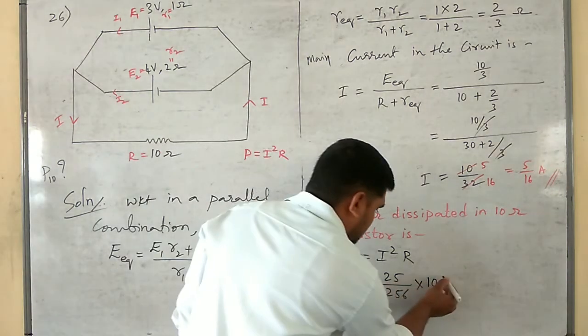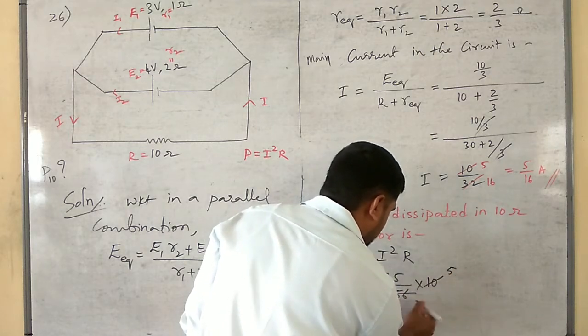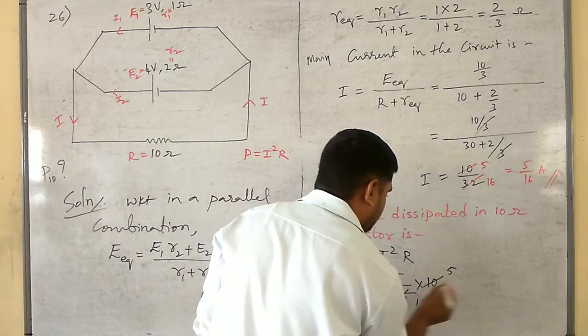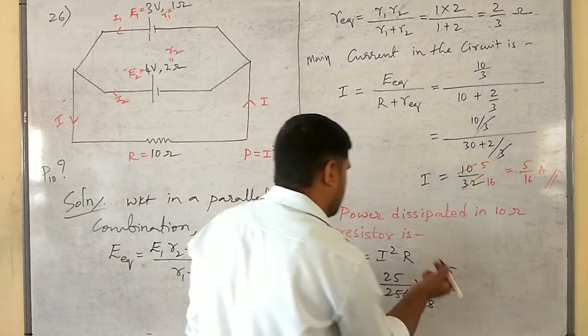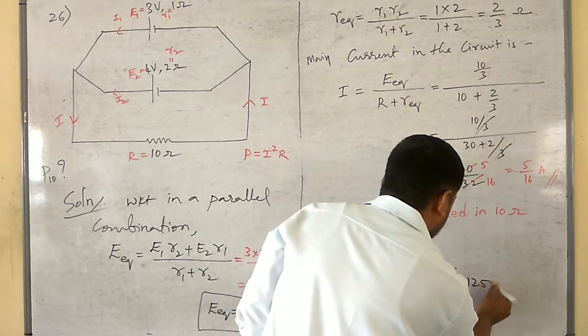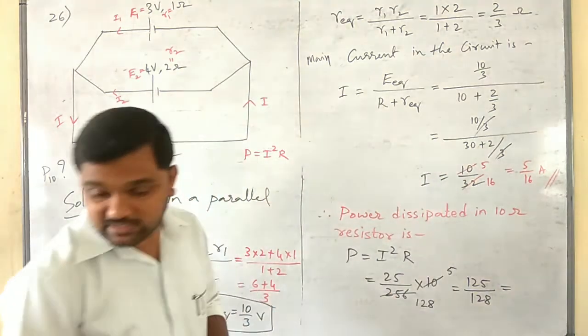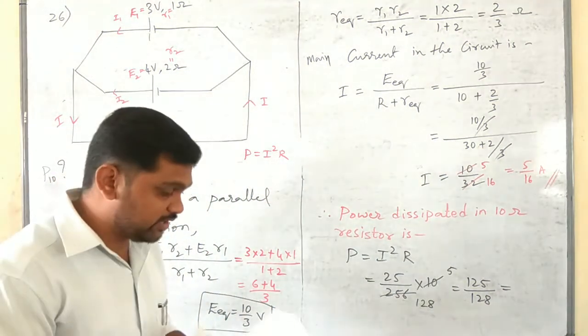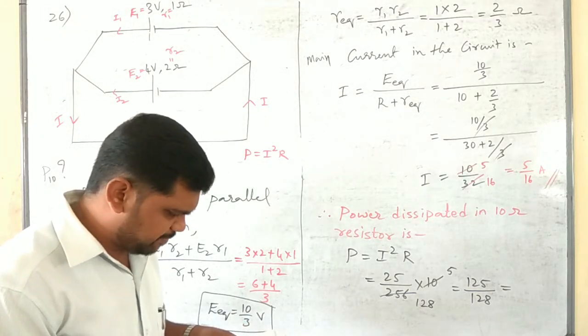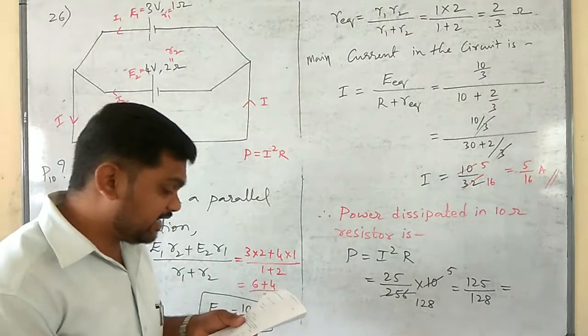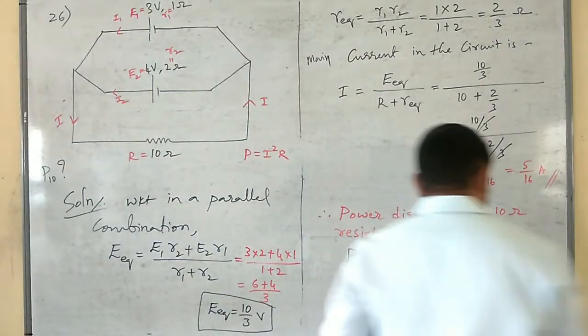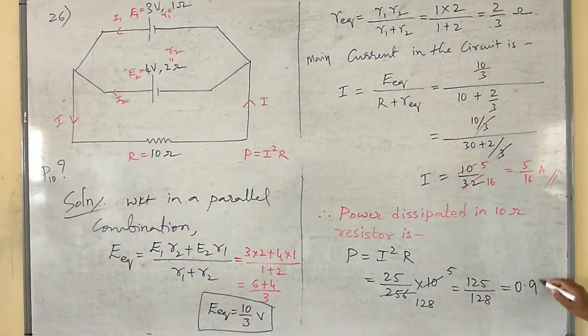Okay, next 2 5s are 10, 2 1s are 2, 2 2s are 4, 2 8s are 16. This is 125 divided by 128. On solving this, 125 divided by 128, you should get approximately 0.976 watt.